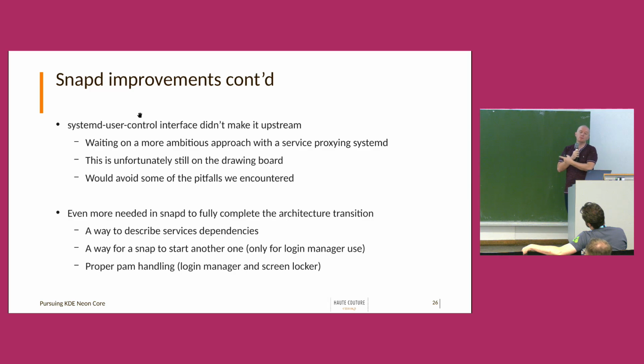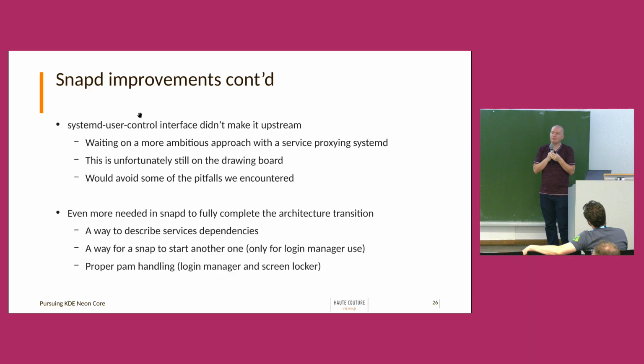We would like to be able to properly describe the services dependencies, so that we don't have to do the ugly hacks that we are doing throughout, right? And there's no way to do that. We need a way also for a snap to be able to start another one, because that's exactly what SDDM does, right? If you confine SDDM, then you're inside of a snap.